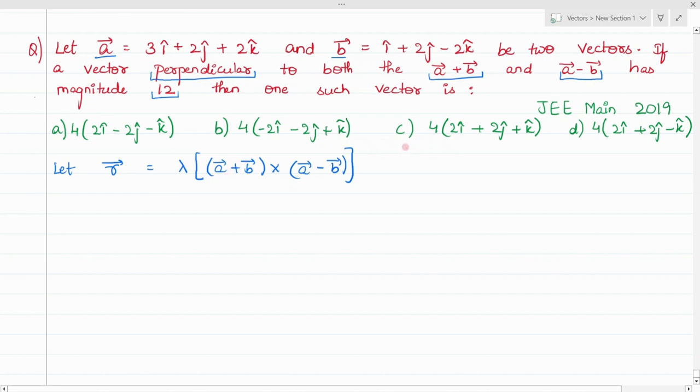So first let's find A plus B. It becomes 4I cap plus 4J cap, 0K cap. Again A minus B becomes 2I cap.